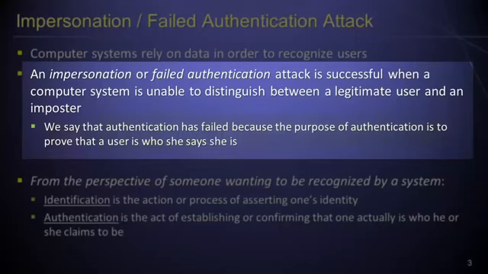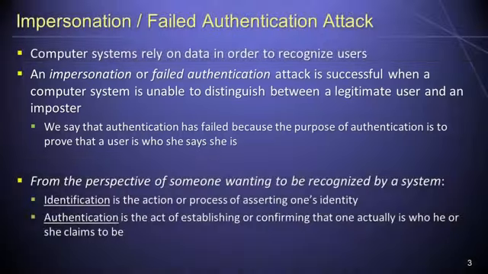Note here that we call this a failed authentication attack because the purpose of authentication is to prove that a user is who he or she says that he or she is. If an impersonator is able to successfully convince a computer system that he or she is a legitimate user, then the authentication mechanism for that computer system has failed.